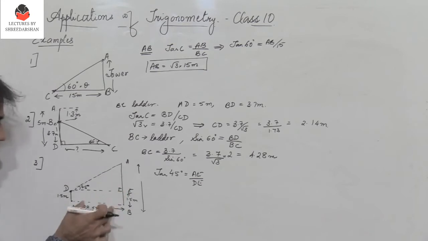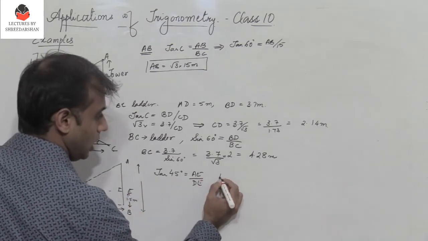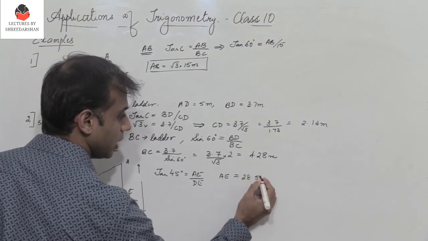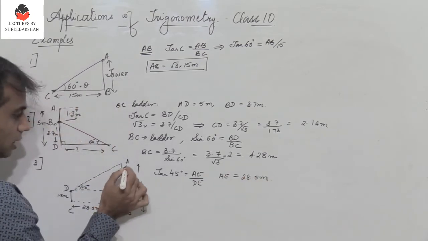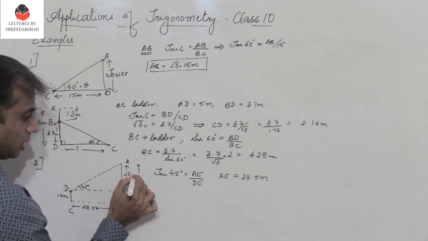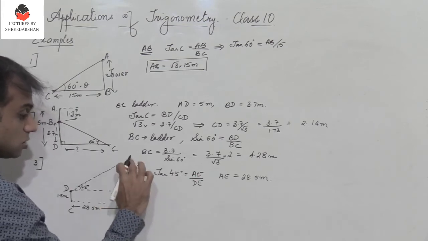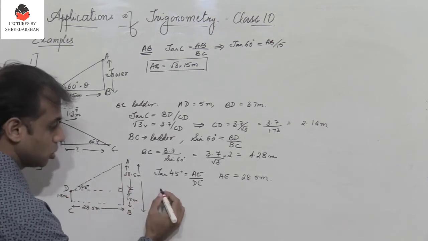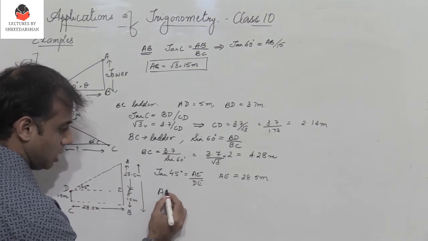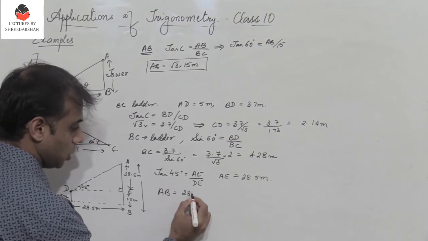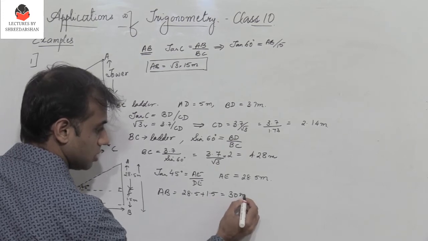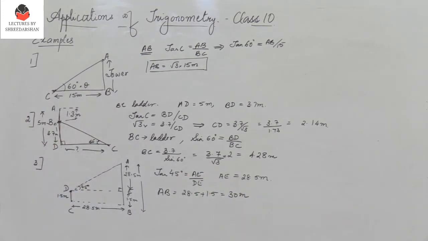So AE is equal to DE, which is 28.5 meters. But this is not the height of the chimney because I need to add 1.5 to this. So the total height AB is 28.5 plus 1.5, which gives me 30 meters. Therefore the total height of the chimney is 30 meters.